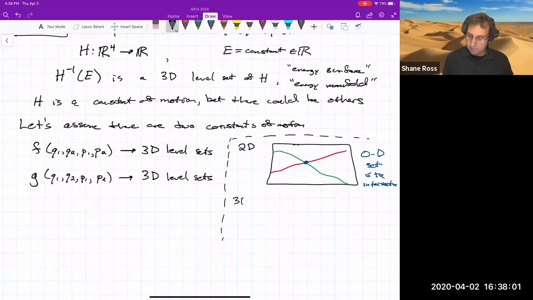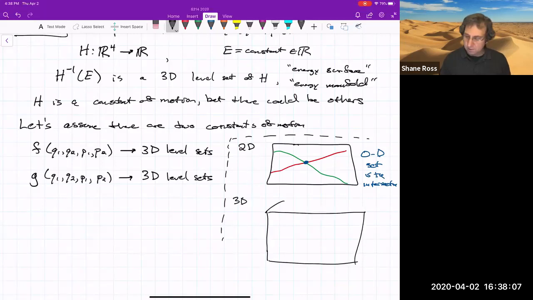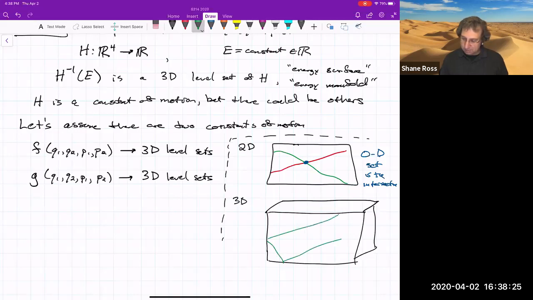In 3D, let me try to sketch 3D. 3D is kind of hard. There's our little 3D phase space. It's really hard. Okay, so here, in 3D, you'd have 2D level sets. So you'd have surfaces, which are hard to draw.